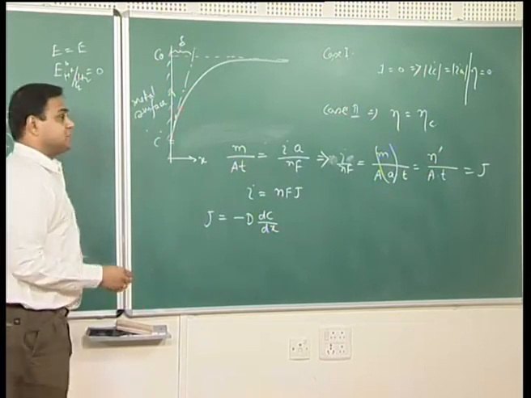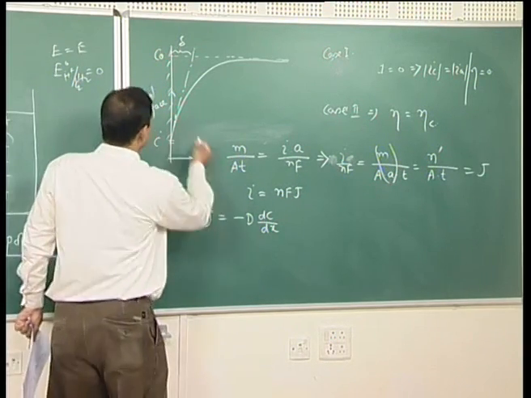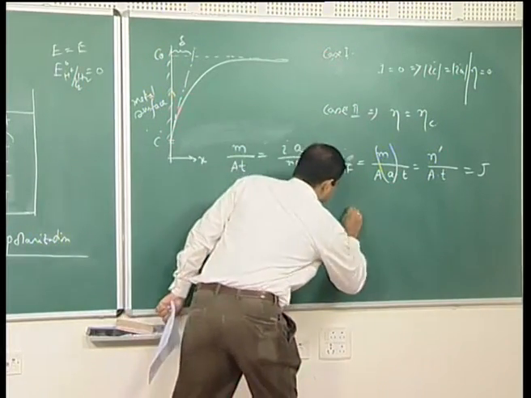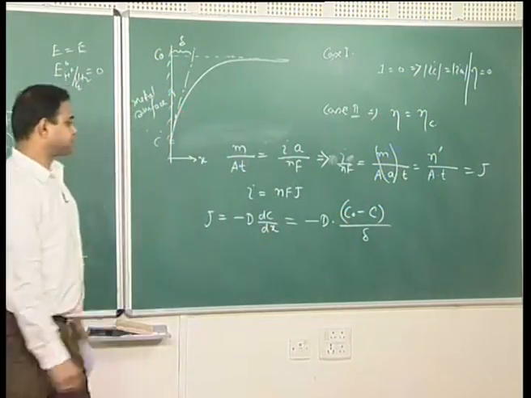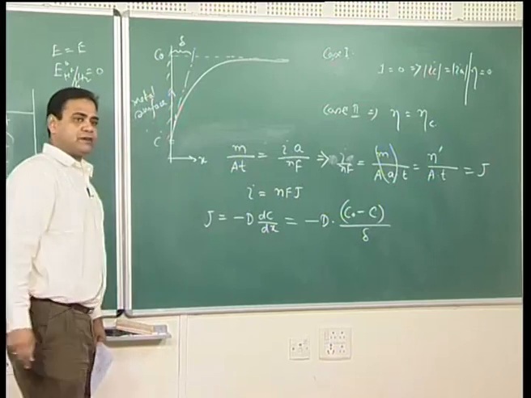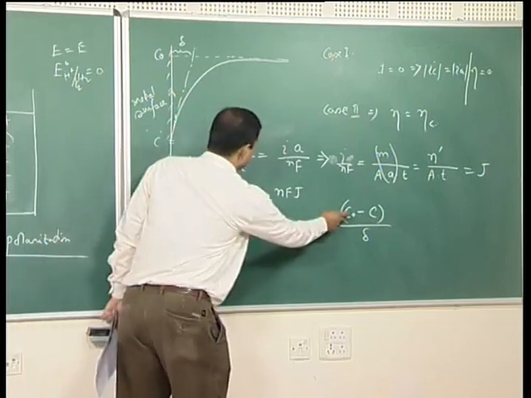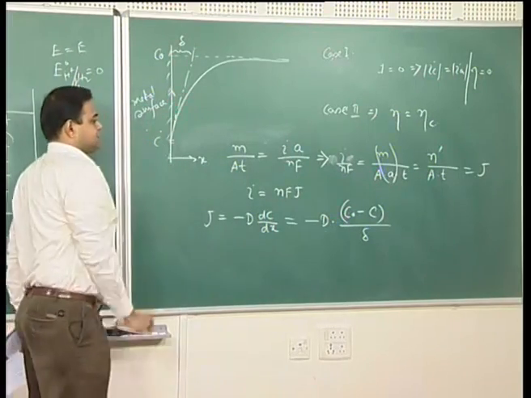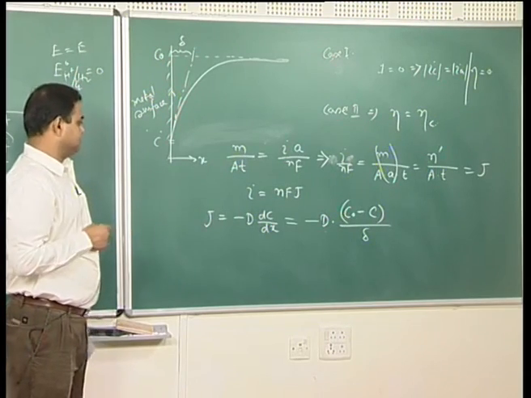So now if we consider that the concentration is varying linearly, so I can see that the concentration gradient is nothing but C0 minus C by delta, where D is the diffusivity of the metallic ionic species in the solution, C0 is the concentration when there is no current flow, and C is the concentration of the ionic species at this surface when there is finite polarization because of current flow.